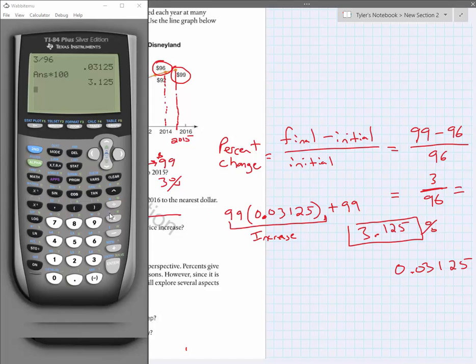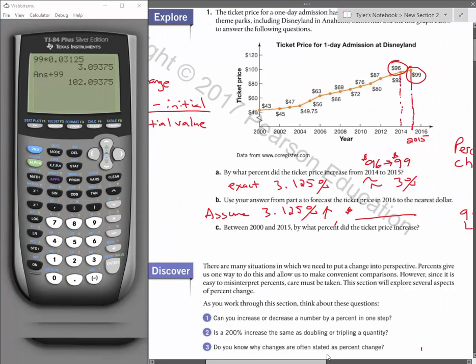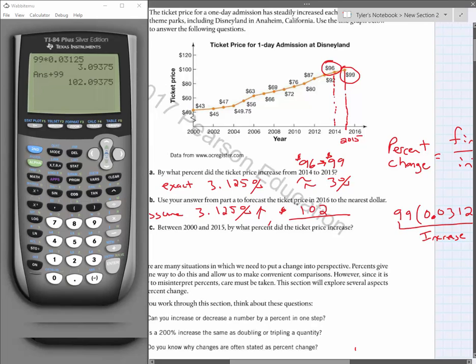For example, if I take 99 times 0.03125, you can see this amount is very small, about $3.09 if we round to the nearest cent. That represents the increase amount, how much I add to the ticket price. Then if I add 99 to it, I get the new ticket price, and since we were asked to round to the nearest dollar, this would be just $102.